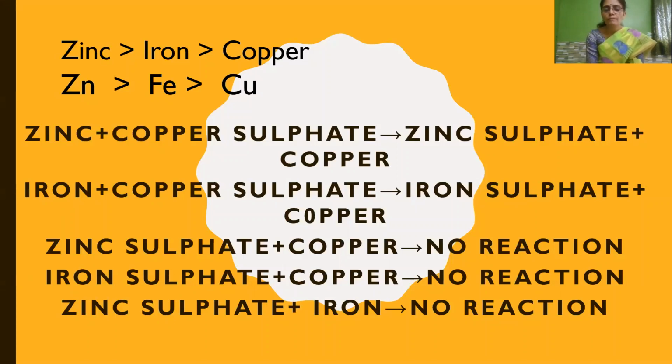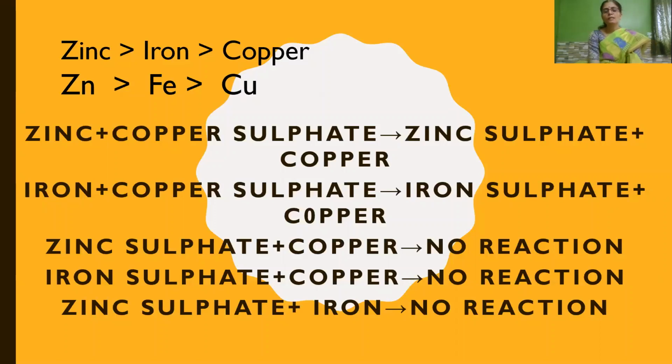If you compare zinc and copper, copper is less reactive than zinc, so it cannot displace zinc from zinc sulfate. So if the equation is given and you have to select, there will be no reaction. Always, only a more reactive element can displace a less reactive element from its compound.